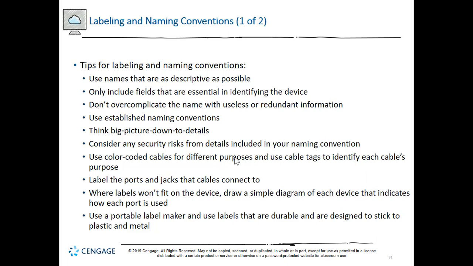Next, I want to discuss labeling and naming conventions. This is important because it allows you, as a network administrator, to look at a label on your patch panel and say, oh, this port here is on the 3rd floor in room 205, and we have 6 of them.